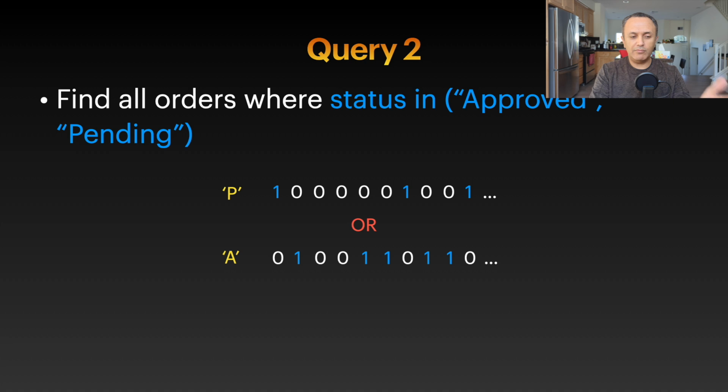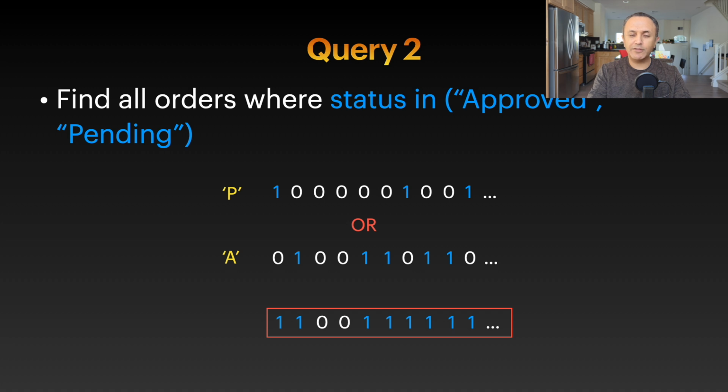So for each pair of corresponding bits, if either of them is 1, the result is going to be 1. If both of them are 0, the result is going to be 0. So this is the result bitmap of this bitwise OR operation. And basically, this one tells us about the rows that we need. Any bit that has a value of 1, I should go and get that row because it has status equals approved or pending.